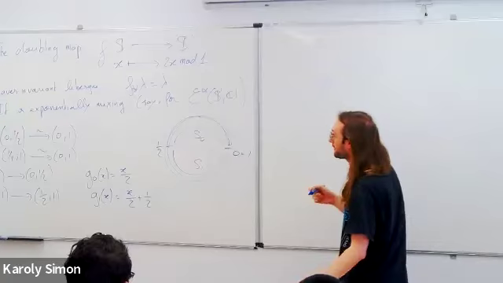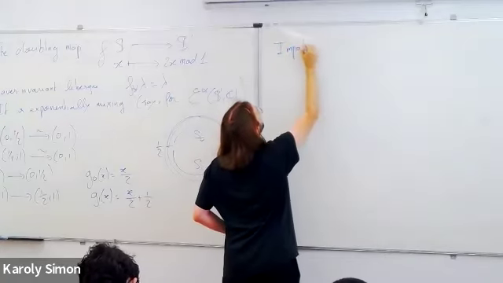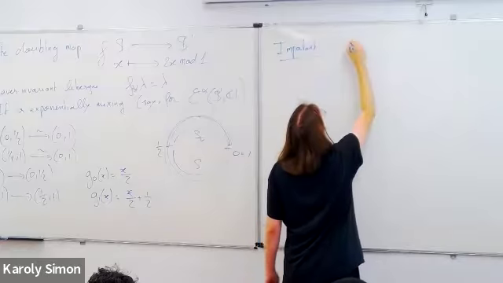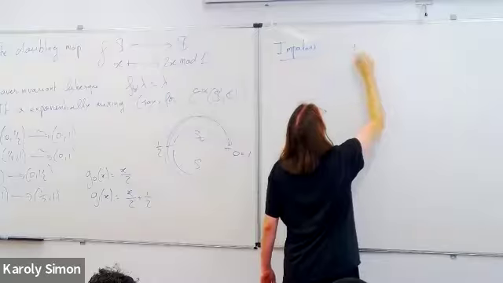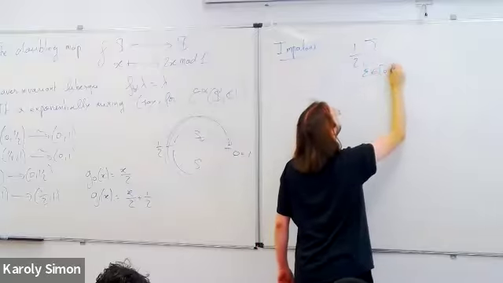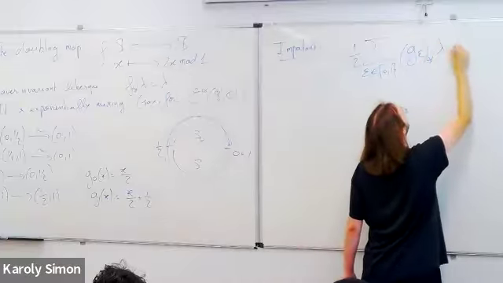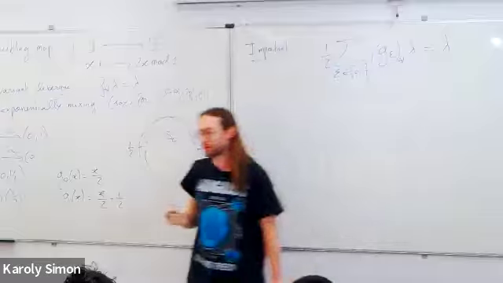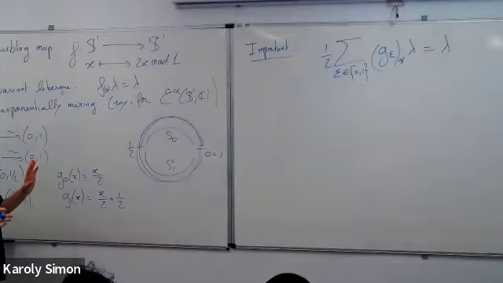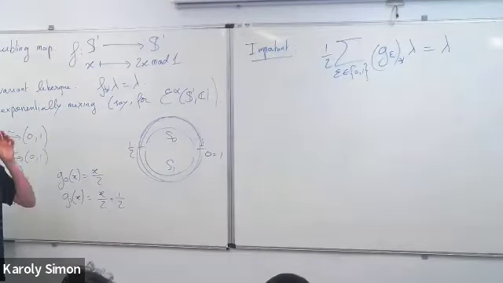An important remark is that in this case, the Lebesgue measure is a self-conformal measure for this IFS. I like to stay simple, but everything I'm going to say works for any self-conformal measure, I'd say.